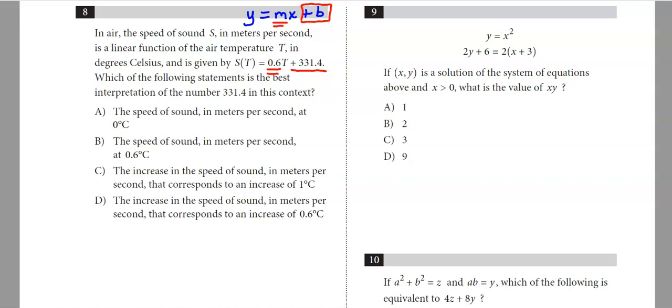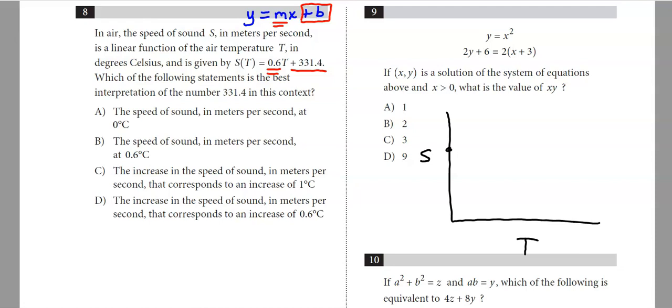So this is interpreting a linear model. Interpreting means you got to say what the numbers mean. If you visualize this on a graph, this really isn't totally necessary, but I do want to explain it. We have the speed of sound as a function of temperature, S of t.